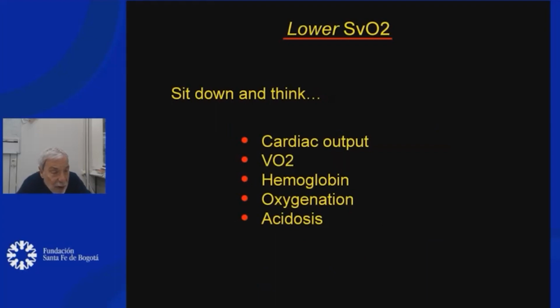Then we may have lower SVO2. A lower SVO2 means either the cardiac output went down, or the oxygen consumption went up, or the hemoglobin went down, or the oxygenation went down, or we have acidosis. So you can see the picture between higher and lower SVO2 may refer to deeply different pathophysiological events.